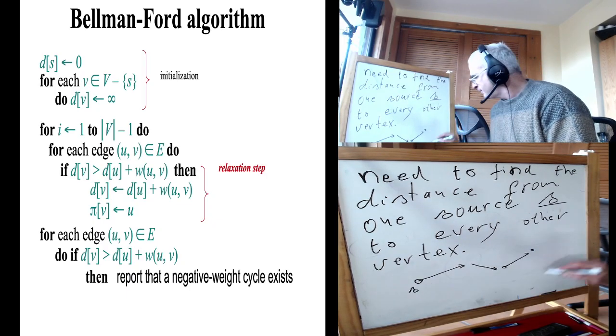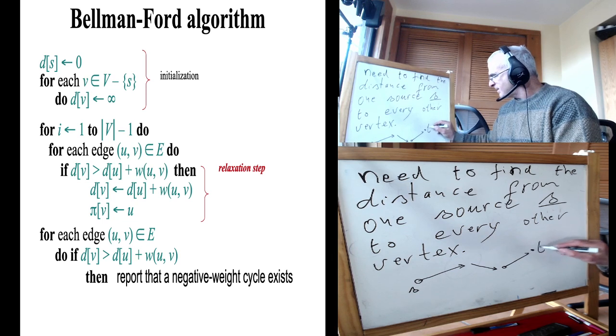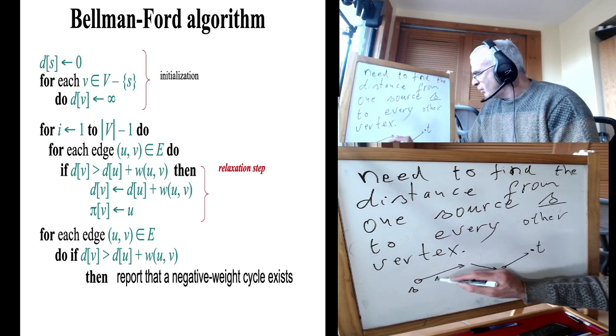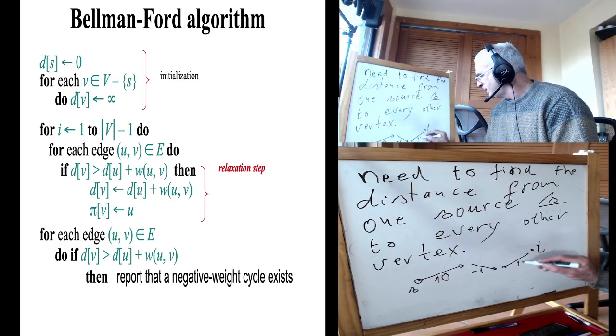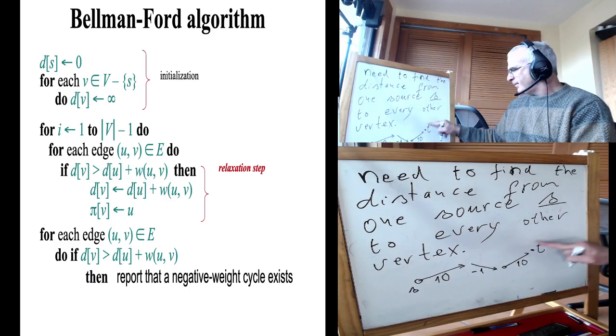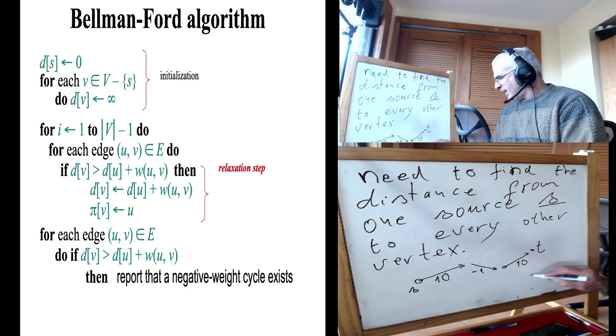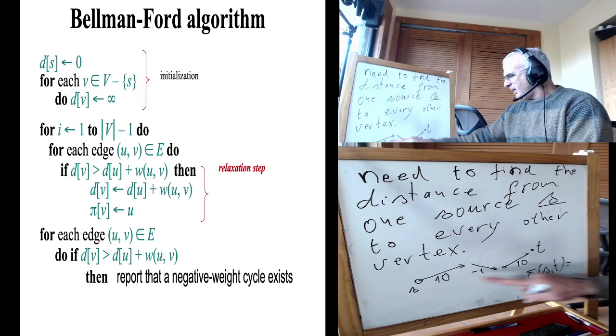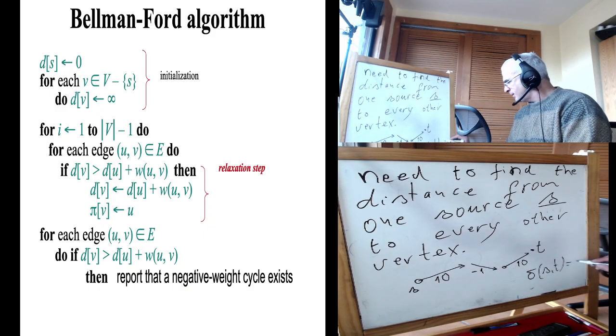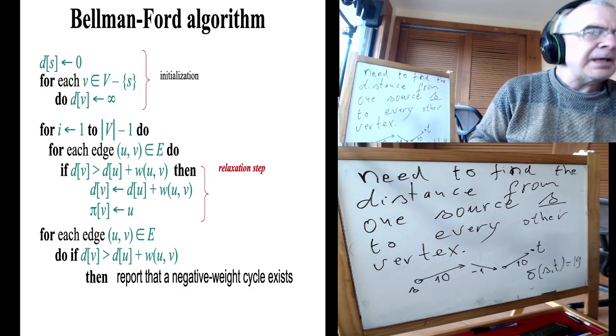Here is S, here is some other vertex T, and if the weights are 10, minus 1, and 10, then the length of this path, delta from S to T, should be 10 minus 1 plus 10, 19.